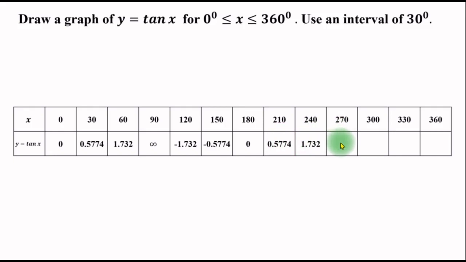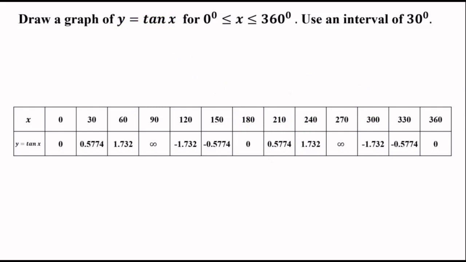Then tan 270 we have this undefined or infinite. Then tan 300 we have negative 1.732, and then tan 330 we have negative 0.5774, and finally tan 360 we have it as 0. So we are going to use this table to also plot the graph of y equals tan x.